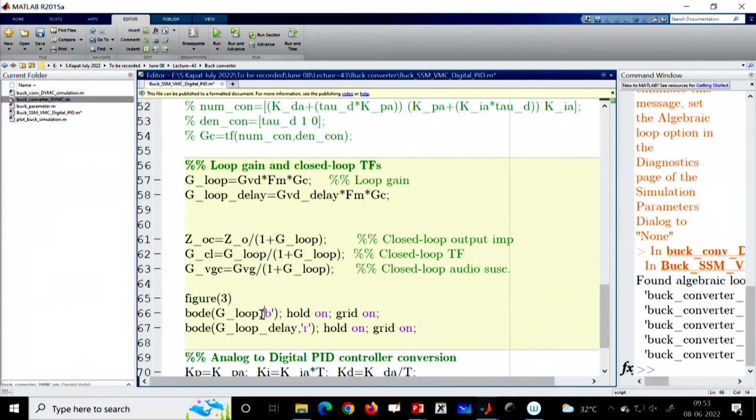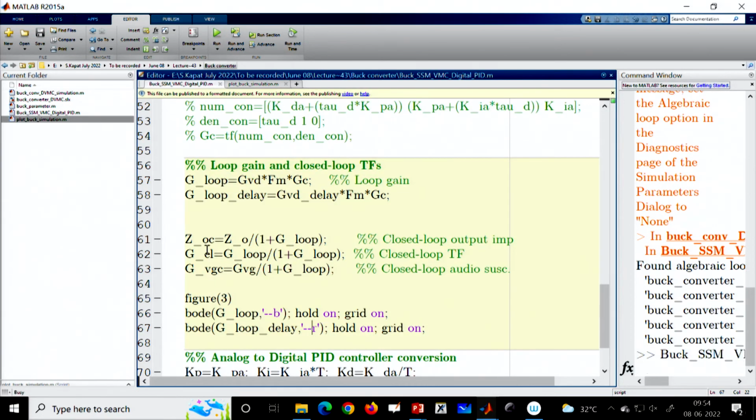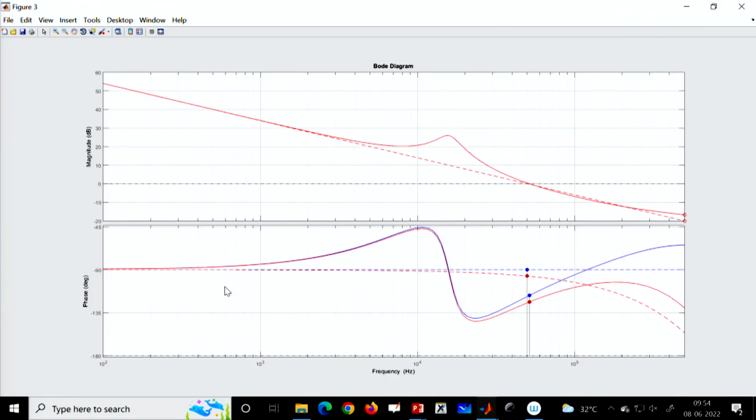The Bode plot will also be dotted, and the plot here also we want to use dotted. So, all the dotted dash lines will be for the second design. Let us run the simulation and compare.